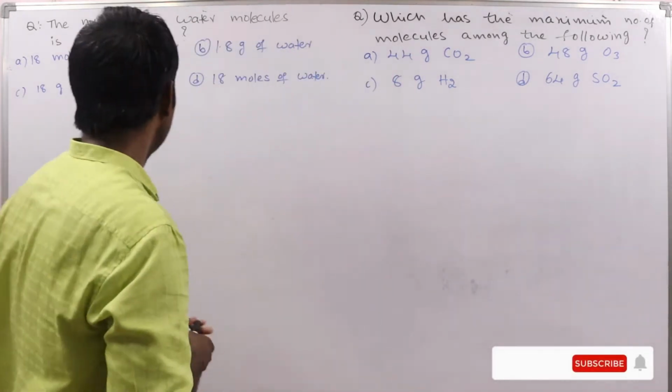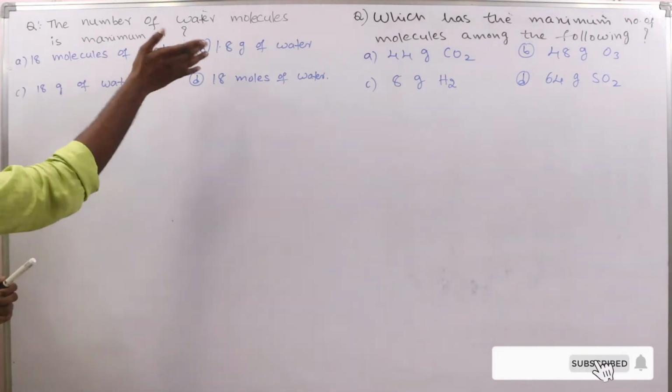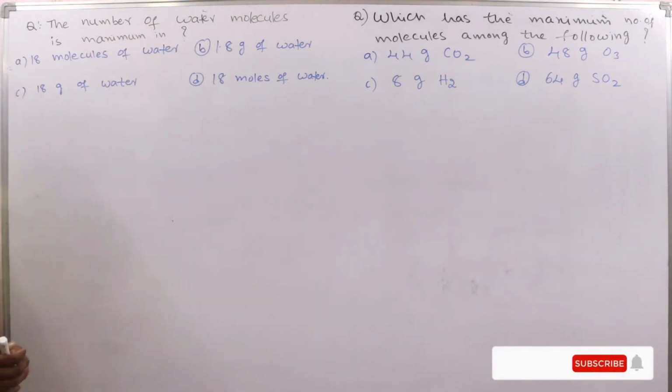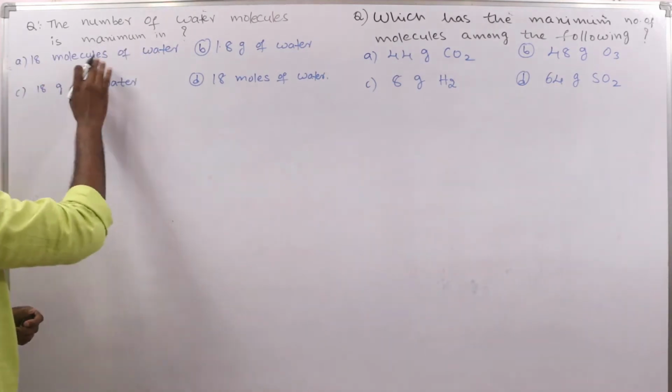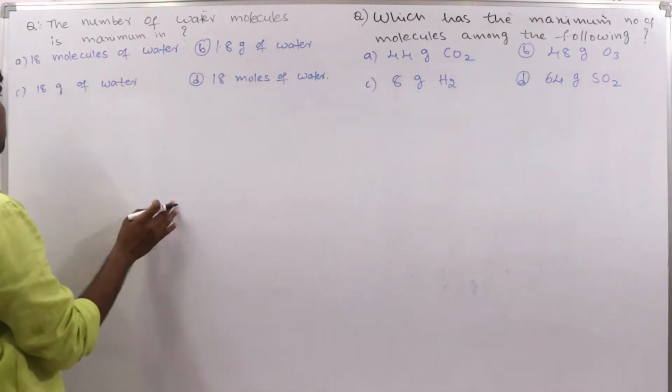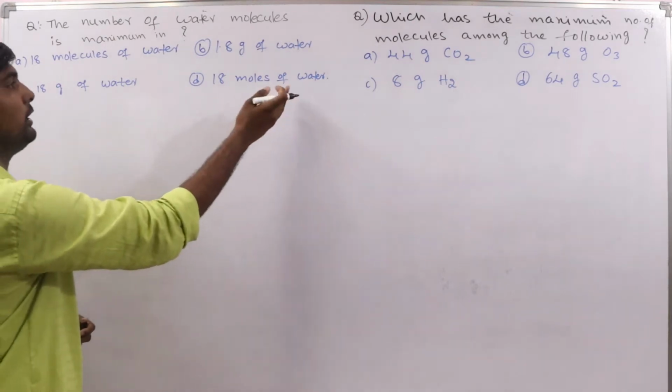Let us see. The first one: the number of water molecules is maximum in... Four options were provided here: 18 molecules of water, 1.8 gram of water, 18 gram of water, 18 moles of water.